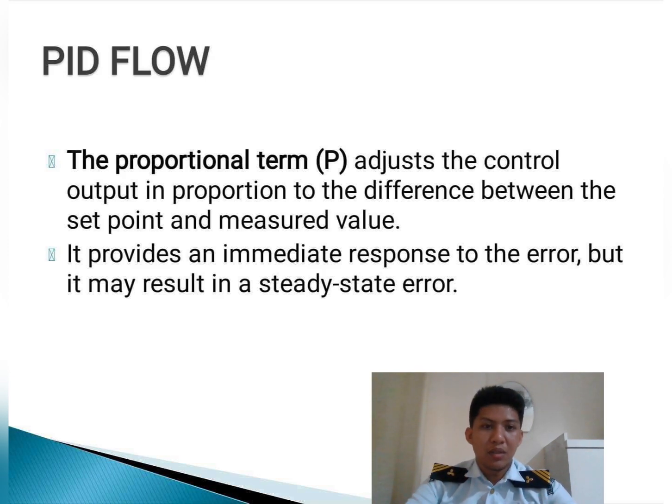As I mentioned, proportional means the same. So, if ever there is a difference, even a small one, it provides automatically an immediate response to the error. But sometimes it may result in a steady state error.